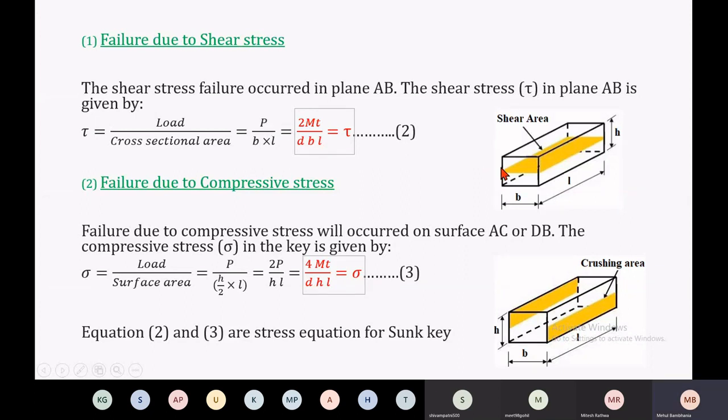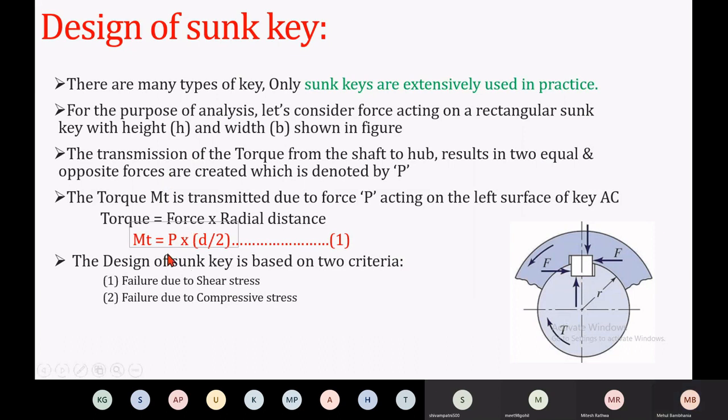Now this P we already elaborated. This force P can be defined as P equal to the transmitted torque Mt divided by d by 2.